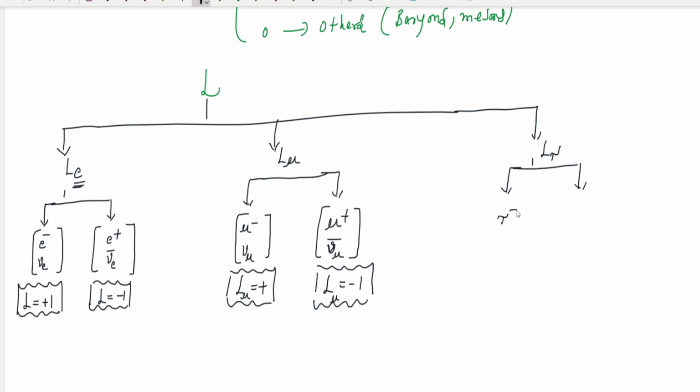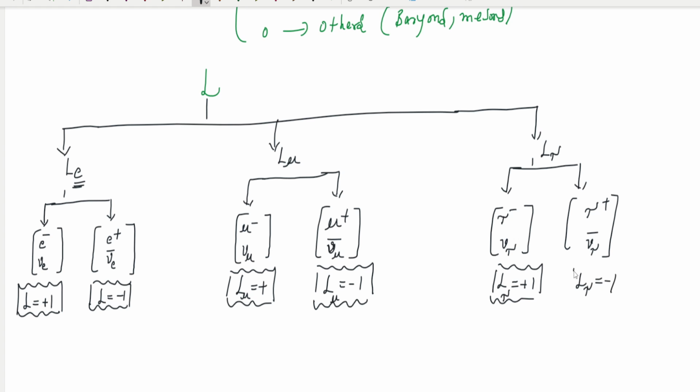The normal tau is tau minus with nu_tau, and the anti-tau is tau plus with nu-bar_tau. L_tau equal to plus one is one category, and L_tau equal to minus one is the other category.